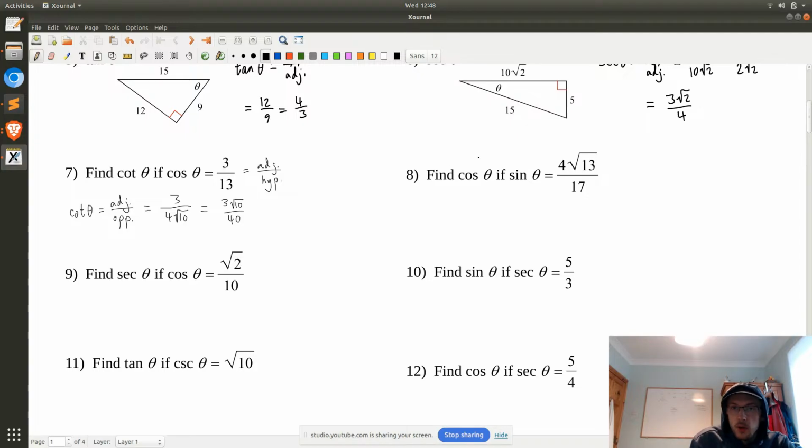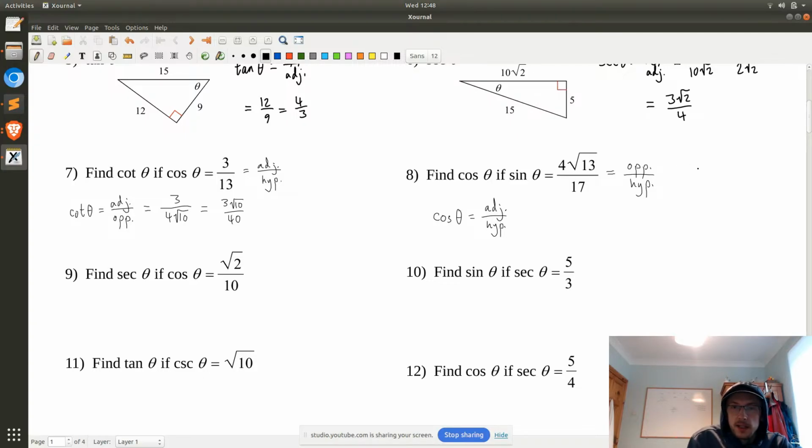Now find cosine of theta if sine of theta is this. Well, sine of theta is the opposite divided by the hypotenuse, and cosine of theta by definition is the adjacent divided by the hypotenuse. So we know the hypotenuse in both cases is 17, but we don't have the adjacent, so we just do the Pythagorean theorem again.